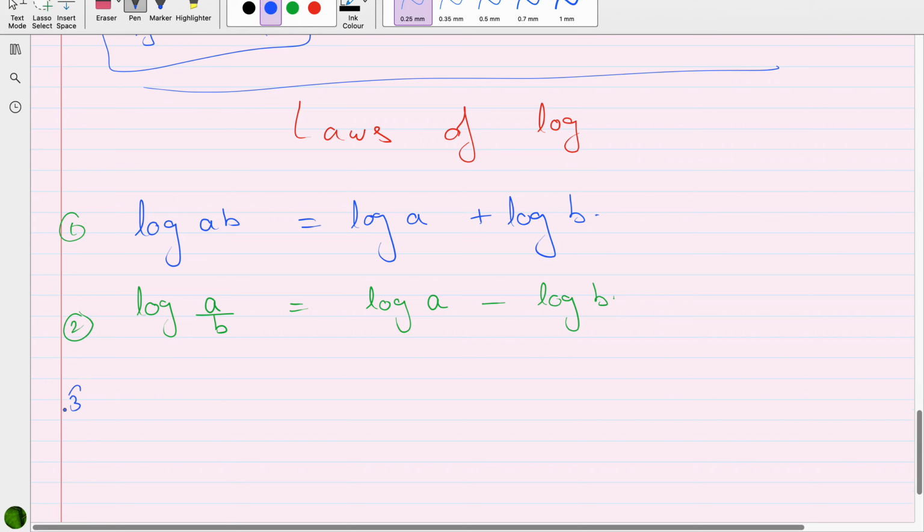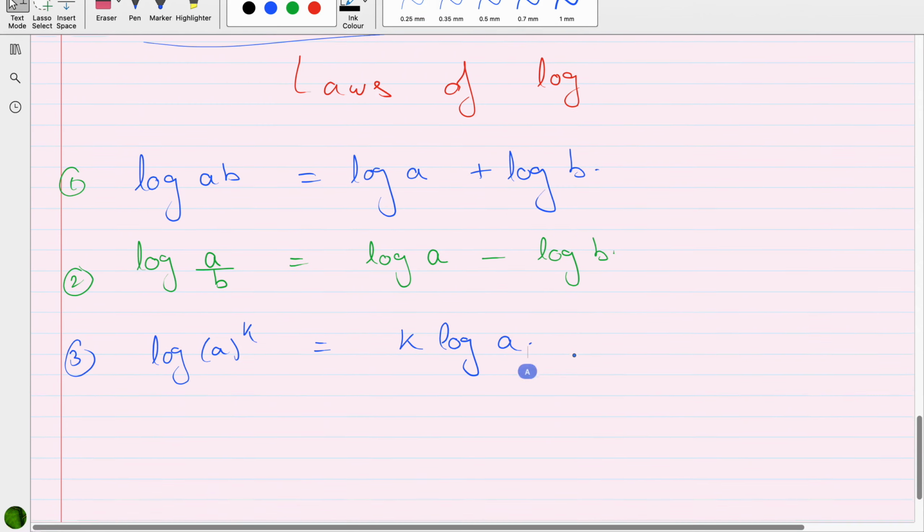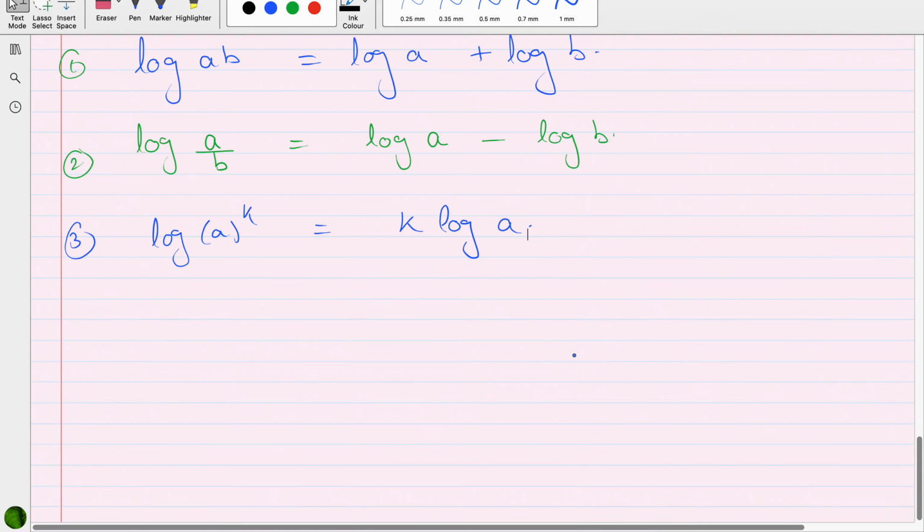And third is log of A raised to power K, which could be written as K log of A, known as the power law.